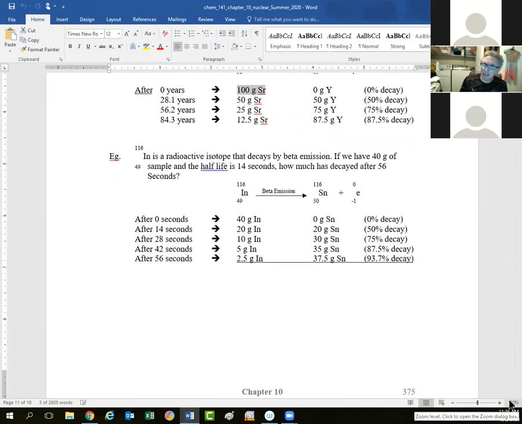Now remember, we said that the amount of time the patient is exposed to radiation is critical. We want the patient to get the minimum exposure. And so this is why the half-life of an isotope used in medicine is so important.